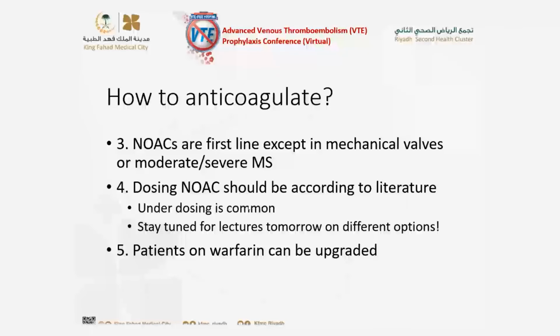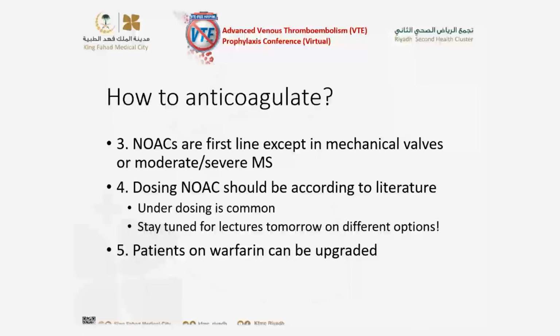We have this perceived risk in patients, particularly patients with chronic kidney disease or elderly or frail, where people would come up with doses and just lower the dose of the NOACs. I think you should really not do that, because we know the effectiveness of those medications at the appropriate dose.